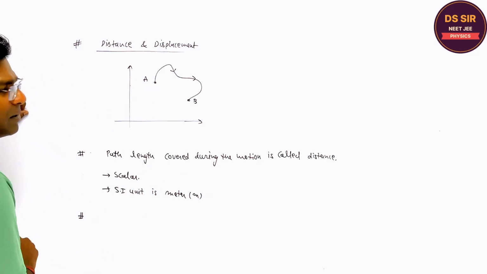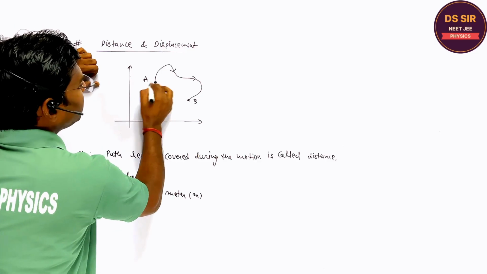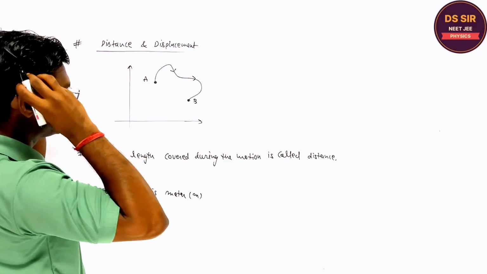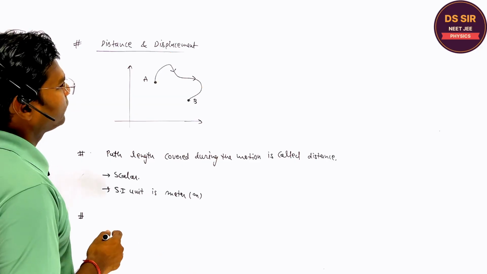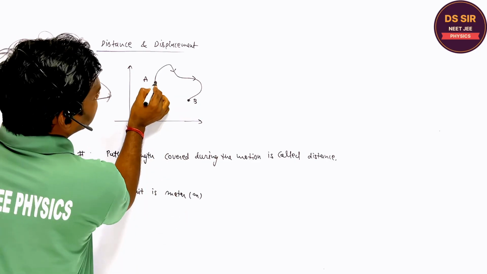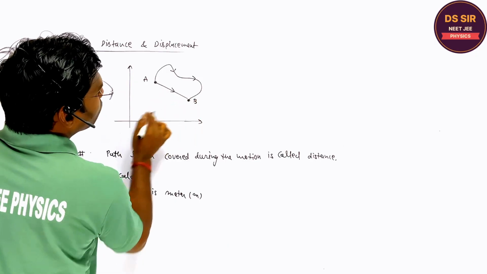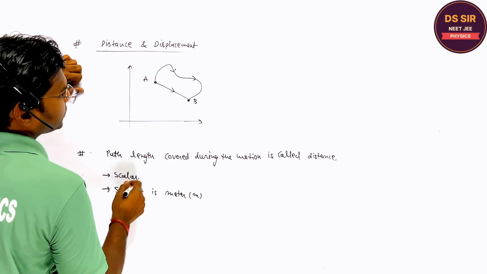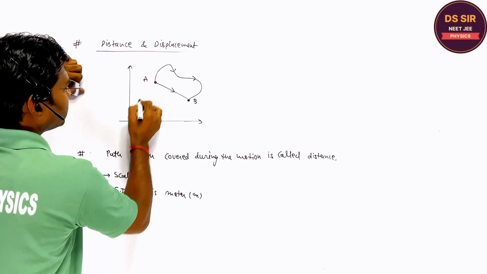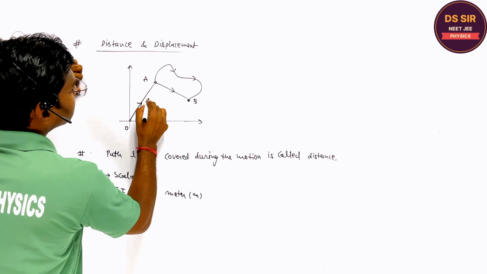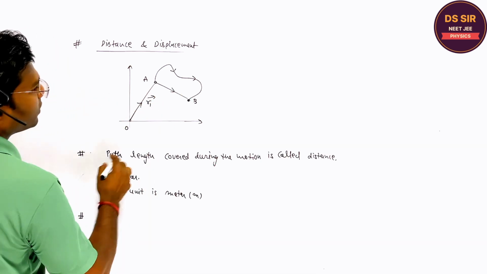And what about the displacement? Listen to one thing. If this is the initial position and this is the final position, although the definition given by most students and teachers is that the shortest distance between the 2 points is called the displacement, here for the NEET preparation, if this is point A, the initial position, and this is the origin, this is R1.